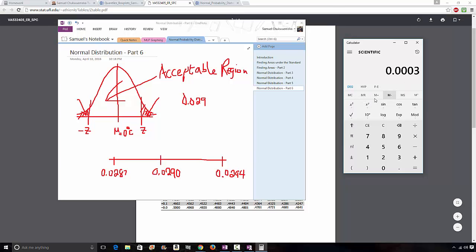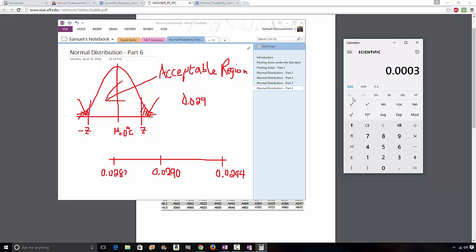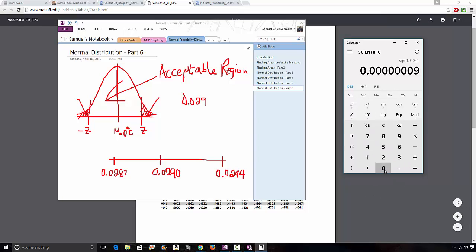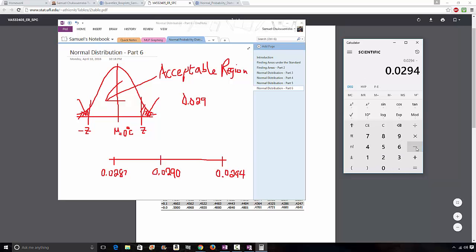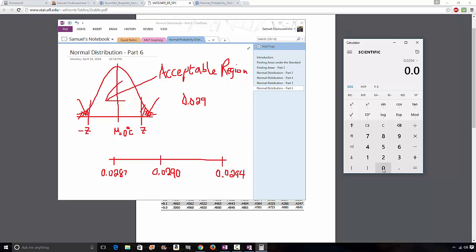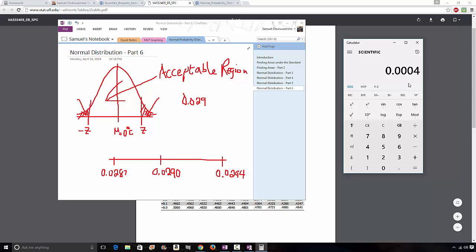I need to square it first, and I put this as my new memory. Then let me find 0.0294 minus 0.029.